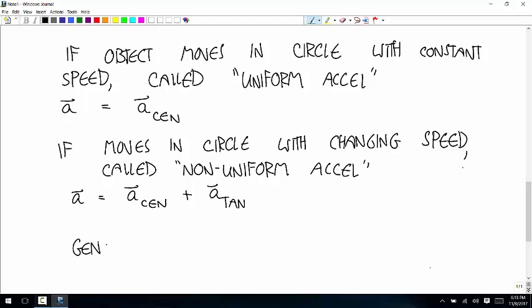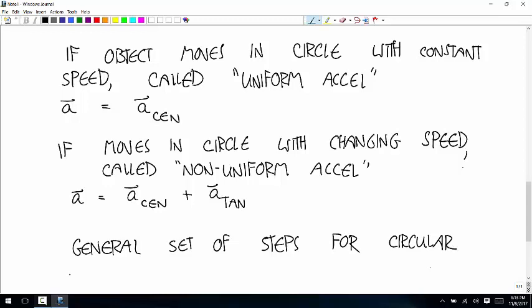Okay, so a general set of steps for circular motion problems, except tetherball problems.